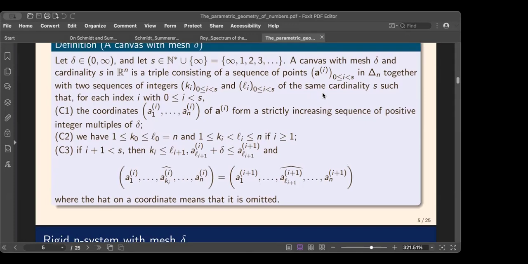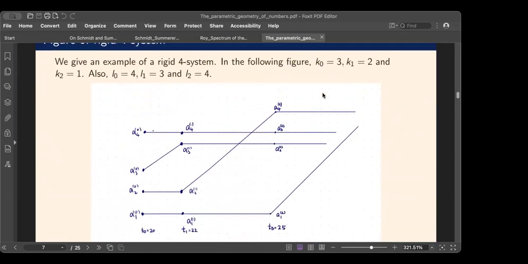The second condition describes the indices of this convex, K_i and L_i. K_i means, if we consider a rigid n-system, maybe I will show it first.